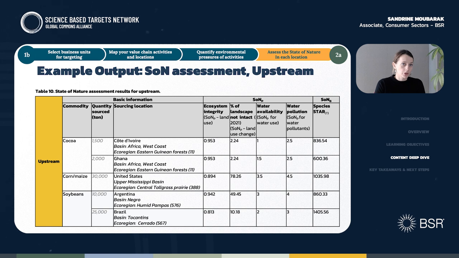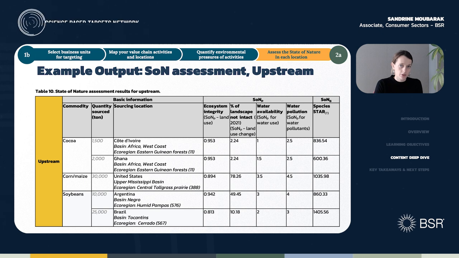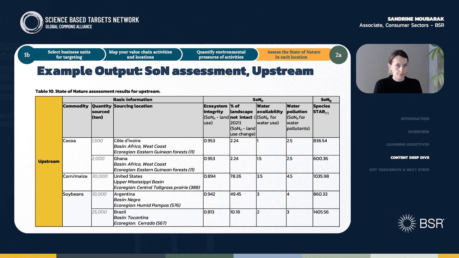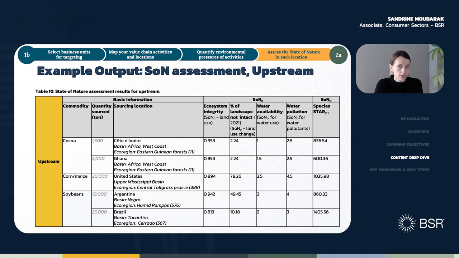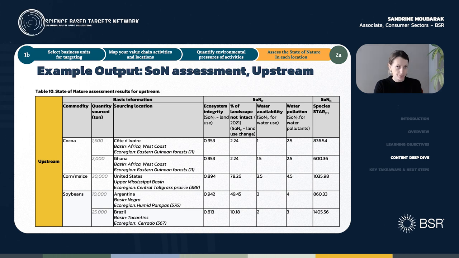And then, using the Ecoregion Integrity Index, the team had to rescale the data such that the least intact landscapes had higher values, so that the logic of interpretation is consistent with the other state of nature tools. To do this, they subtracted the index value for each location from 1, so that 0 equals a landscape with full integrity, and 1 is equivalent to a landscape that is fully degraded.